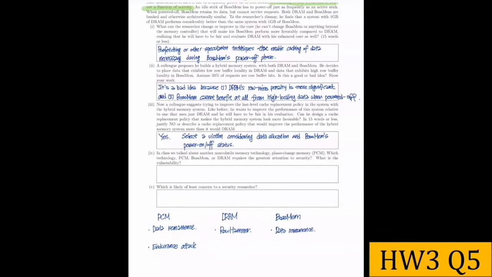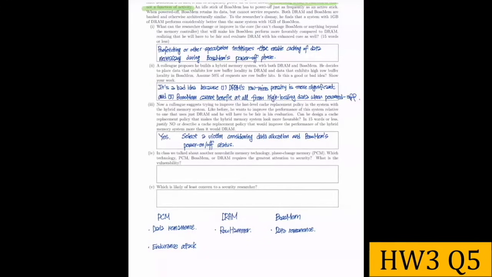So according to this analysis, I think we can say that PCM is more vulnerable compared to BOSMEM. It is the only thing we can say.